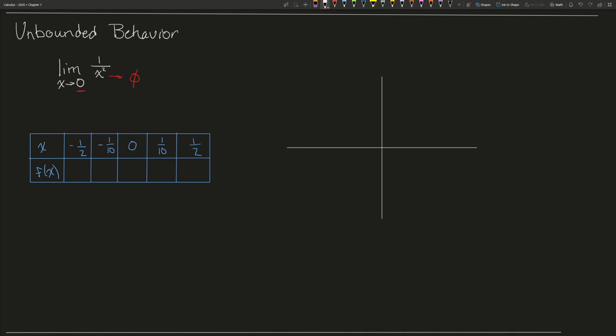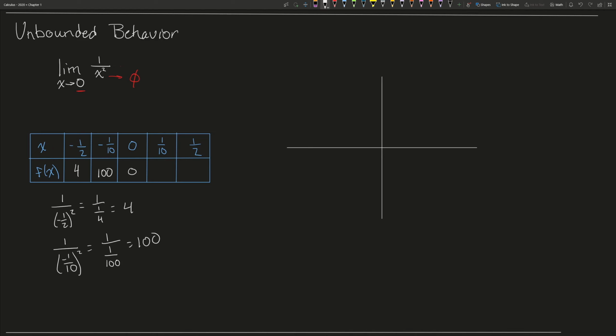So when x is equal to -1/2, we get 1 over negative 1/2 squared, which is equal to 1 over 1/4, which is 4. When we plug in negative 1/10, we get 1 over negative 1/10 squared, which is equal to 1 over 1/100, which is 100.